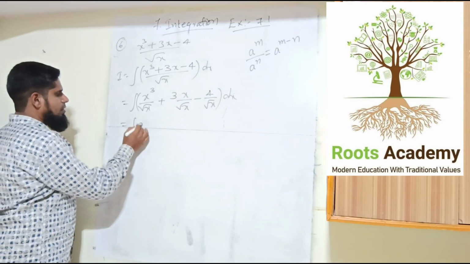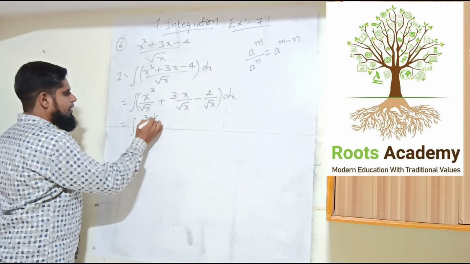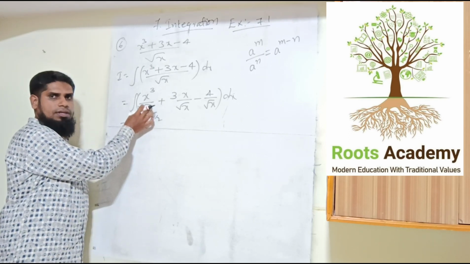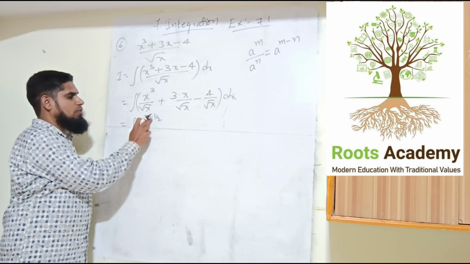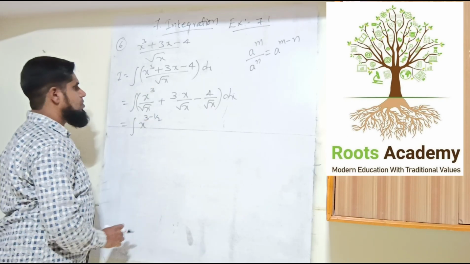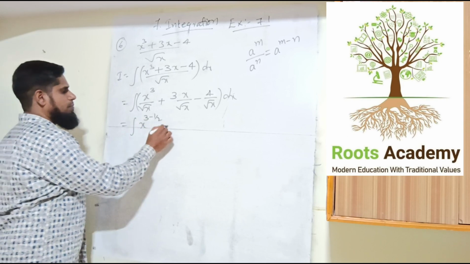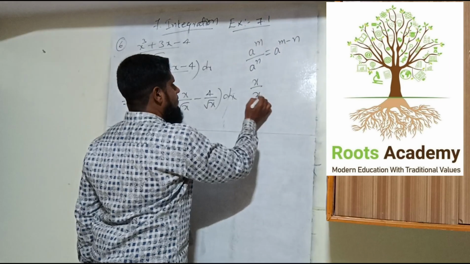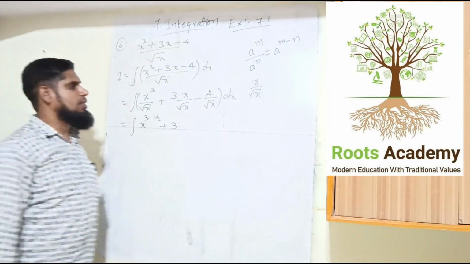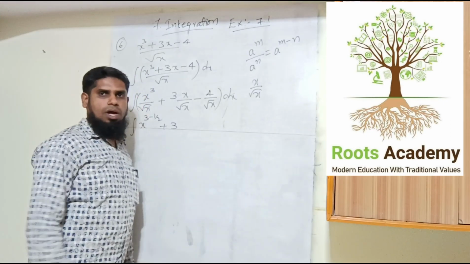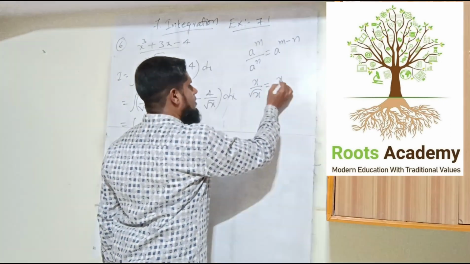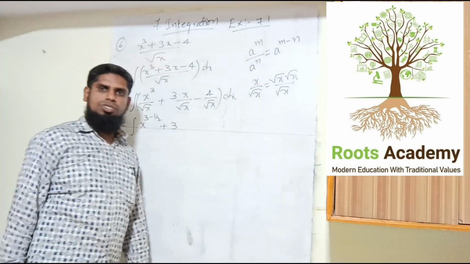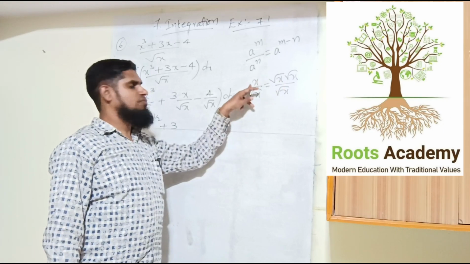So the integral of x power 3 minus half, because root x means x power half in the denominator, that is shifted to the numerator, then the power becomes negative. So it is x power 3 minus half, plus 3 as it is, and we know that x divided by root x is nothing but simply root x. How can we write root x for this? x can be written as root x into root x, divided by root x, or we can take root x whole square for x.